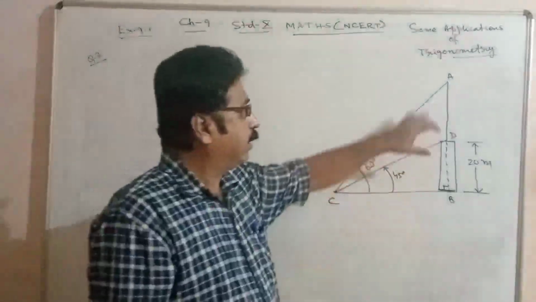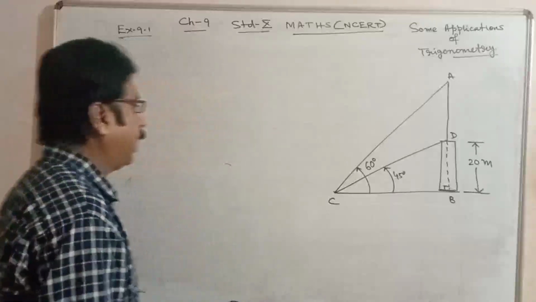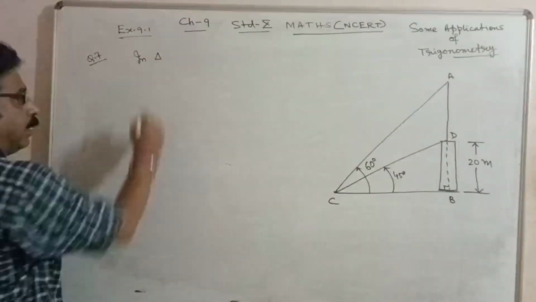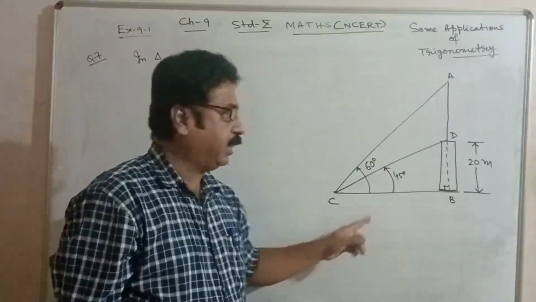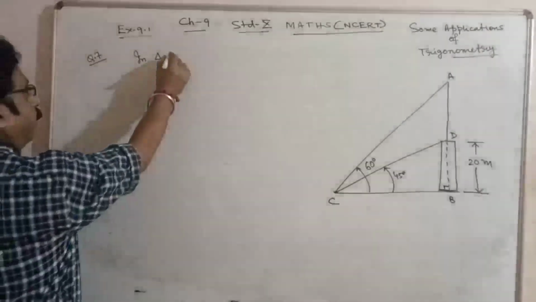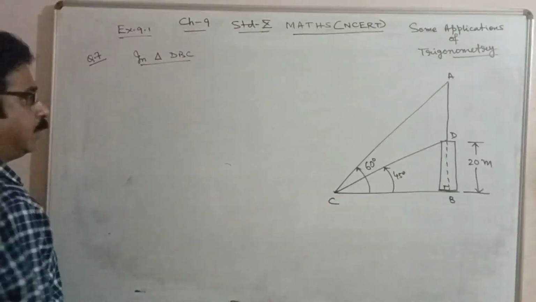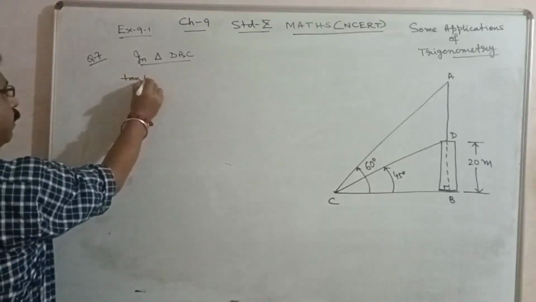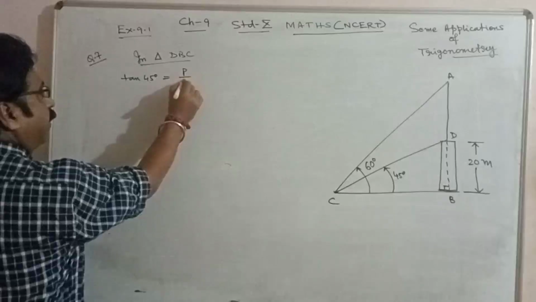We have to find the height of the transmission tower, that means AD. In triangle DBC, tan 45 degree equals perpendicular upon base.